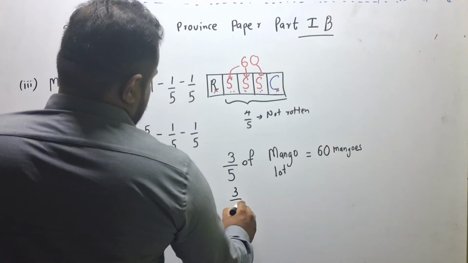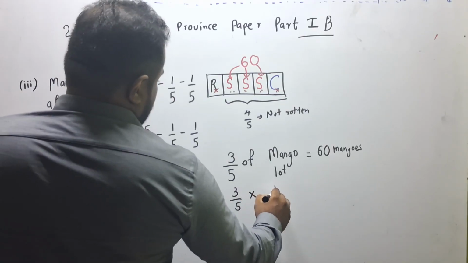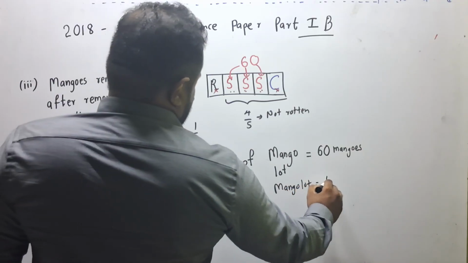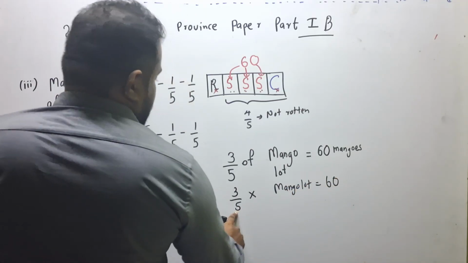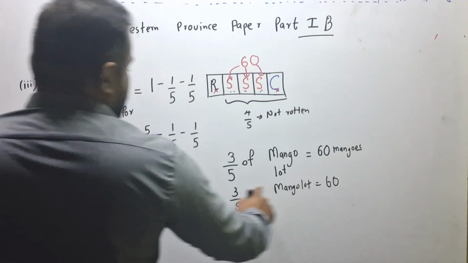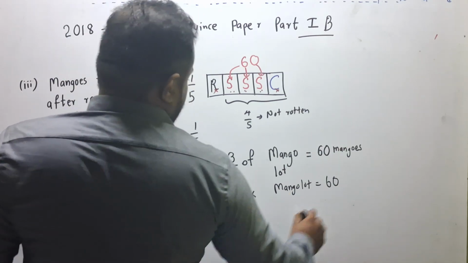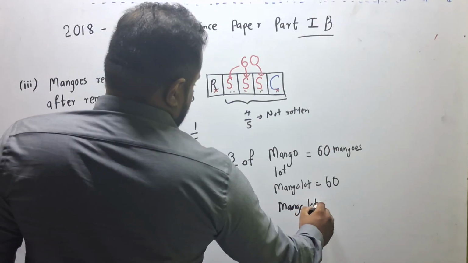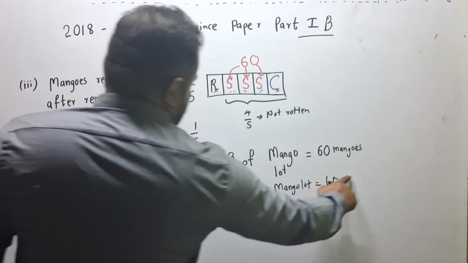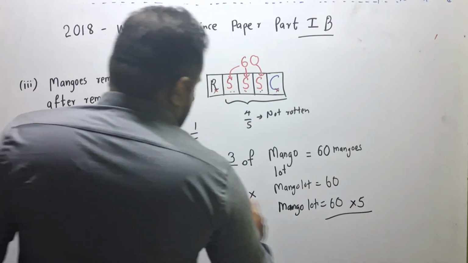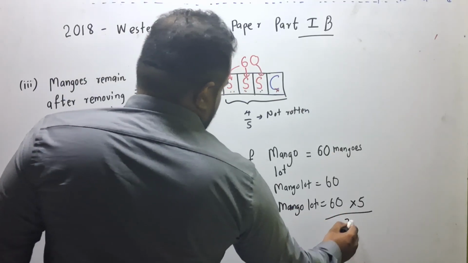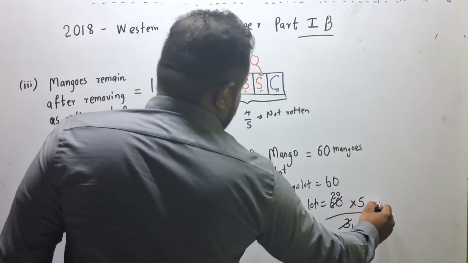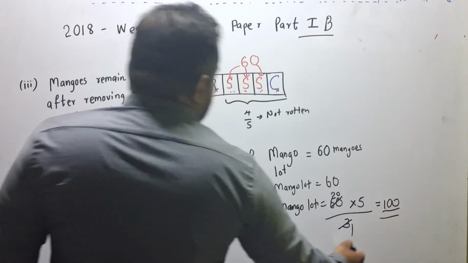So 3/5 multiplied by mango lot equals 60. This 5 is multiplied to the numerator, 3 goes to the denominator. So mango lot is equal to 60 multiplied by 5 divided by 3. 3 has 1, 3, 60 has 20. 20 times 5 will give you 100 as we discussed before.